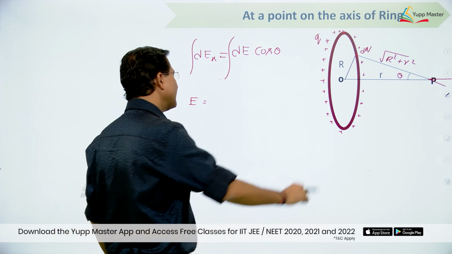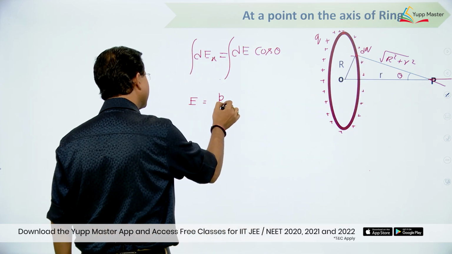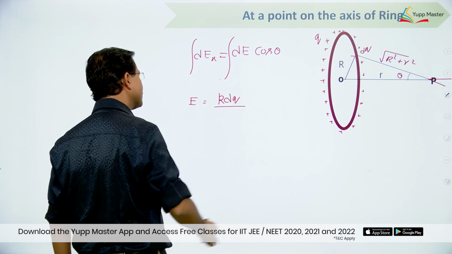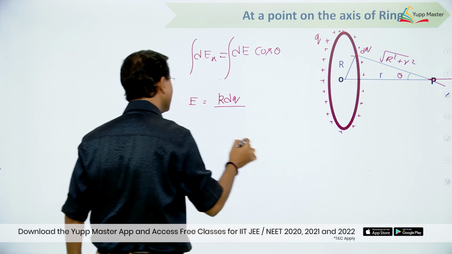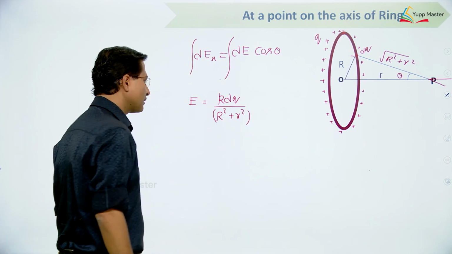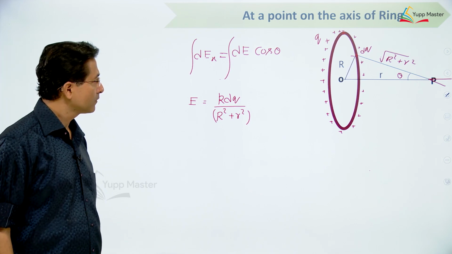So because of the element, the field at this particular point is k dq divided by the separation whole square, that is under root R square plus small r square whole square, right, into cos theta.